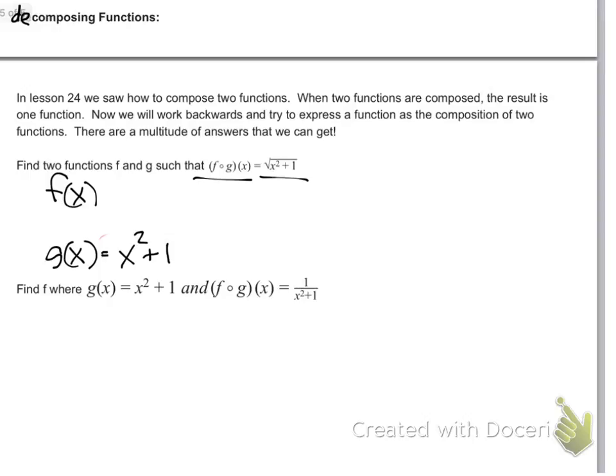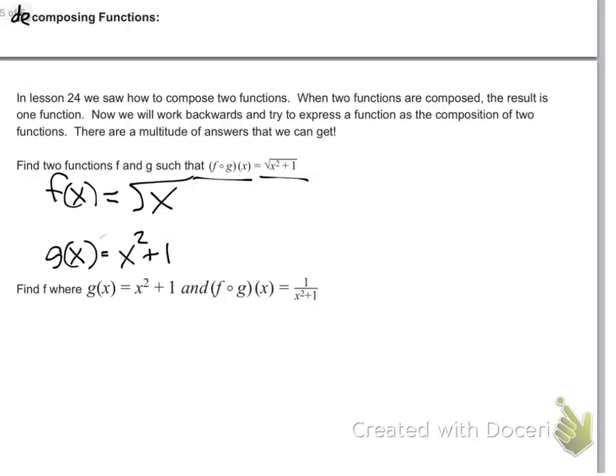But in the original process, that would have been f of x. So I can't just say it's just a square root. It would have been the square root of x. Because what happened, remember, when I put those together, I take x out and I put g of x in. I was switching the x for the g of x. What goes inside of the other?